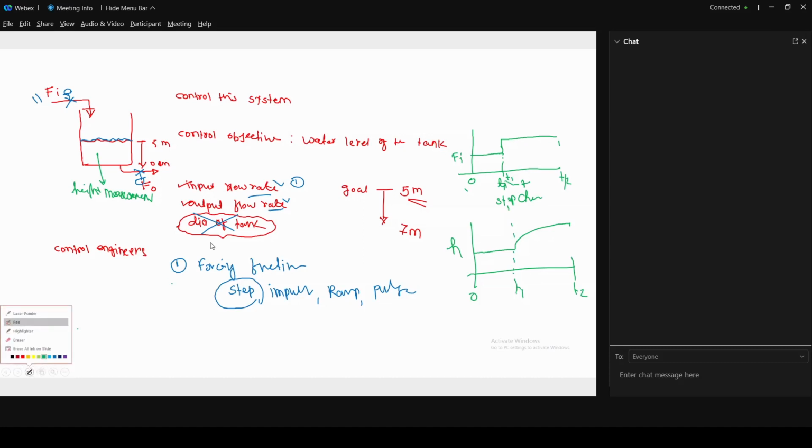It tells me what is the settling time of the system. It tells me what is the sampling time of the system. It tells me the type of response.